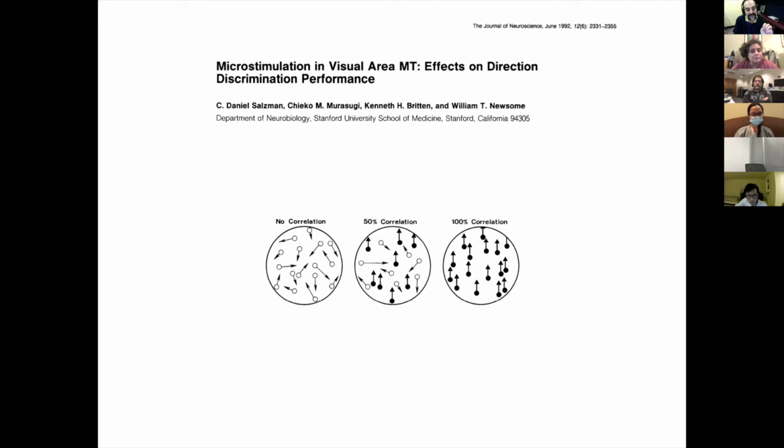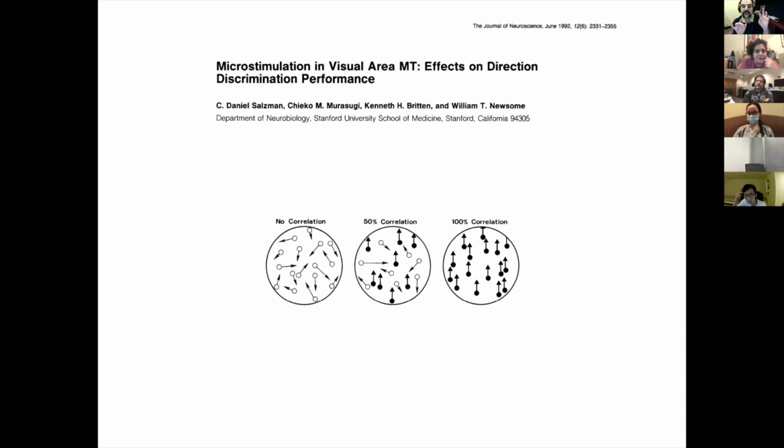And the study that I want to tell you today, this is the penultimate thing, is a study by Daniel Salzman and Newsom's group. It's a classic study, very important study that shaped systems neuroscience in many ways. They created these motion signals. This is called a random dot kinematogram. It's a bunch of dots that are moving randomly, like doing a Brownian motion.